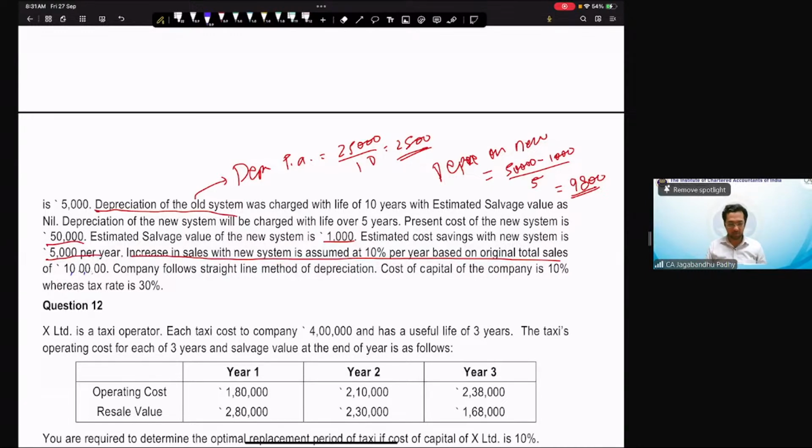Yeah, so this is 1 lakh. So original sales is 1 lakh, and on that 1 lakh we are going to get a benefit of 10%. So what will be the benefit that we are going to get? What is the extra sales that we are going to have? 10,000 extra sales, right?